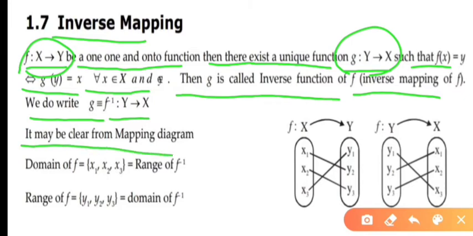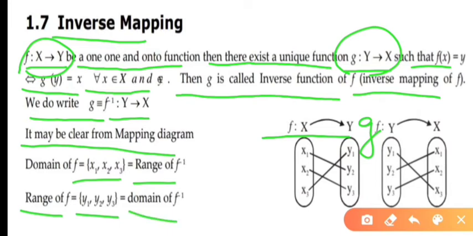It may be clear from the mapping diagram. It is f from x to y, and it is g from y to x, right? Let us consider the domain of f is x1, x2, x3 and the range of f is y1, y2, y3, and it is the domain of g, actually it is g inverse.